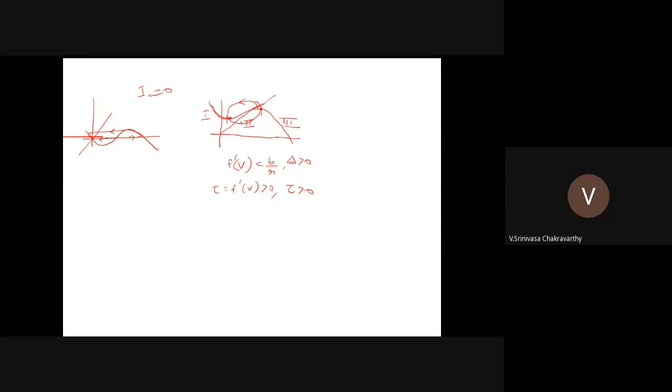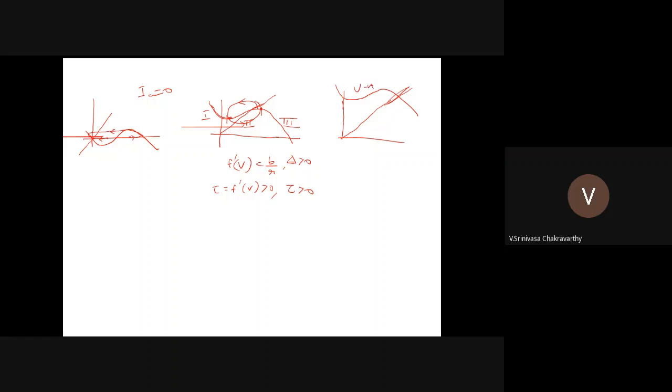Now we have one more interesting case, which you can guess very easily, right? If you increase the current further, so this is your W null plane. You can lift the V null plane even further, and you will have a situation like this. So this is the V null plane, this is the W null plane.